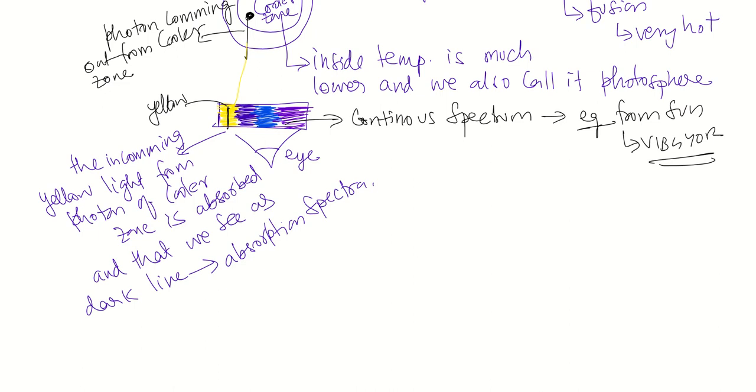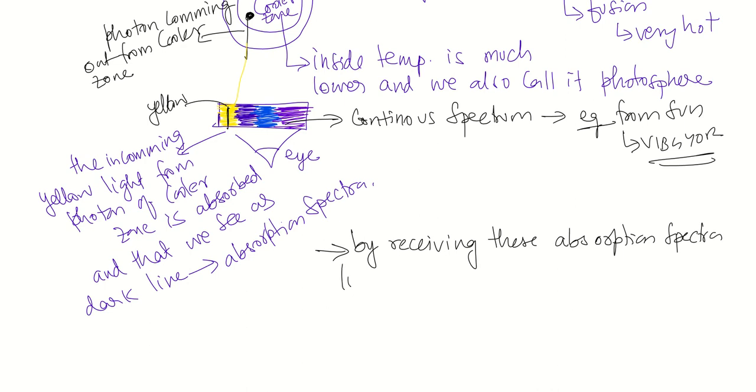Okay. So, hence, let us go back again. By receiving these absorption spectra lines, we study the properties of a star.